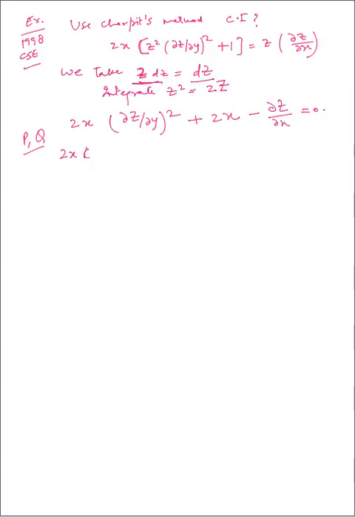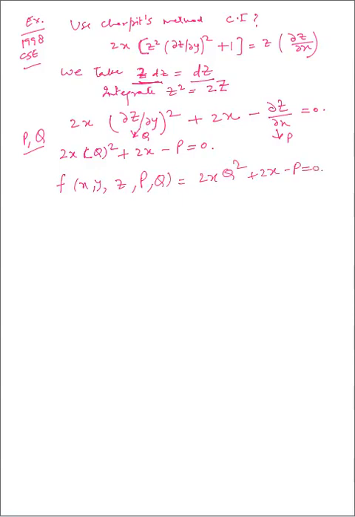So this is 2x into Q square plus 2x minus capital P is equal to 0, where this is P and this is Q. So now the equation in the form of a function: f(P, Q) is 2x Q square plus 2x minus P is equal to 0.